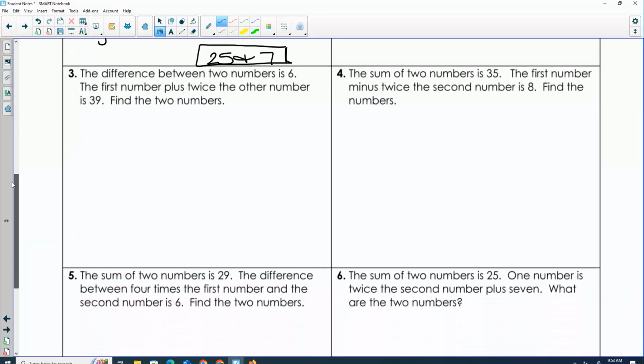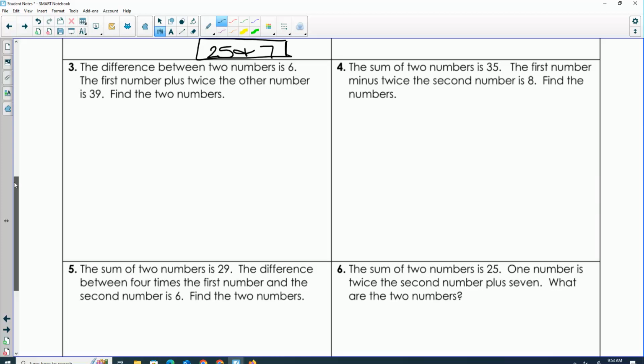Let's look at problem 3 together. The difference between two numbers is 6. The first number plus twice the other number is 39.